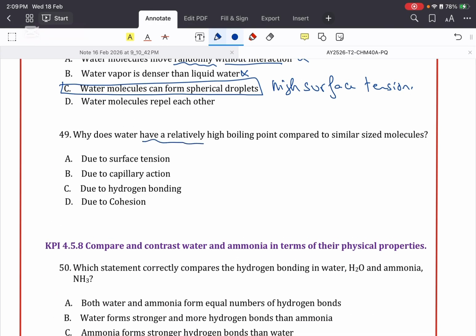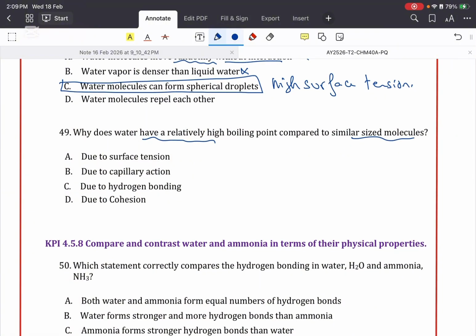Why does water have a relatively high boiling point compared to similar sized molecules? So for example, if I want to compare HCl to water, HCl is so big. If I want to compare CH4 to water, CH4 molar mass is 16, this one is almost 18.